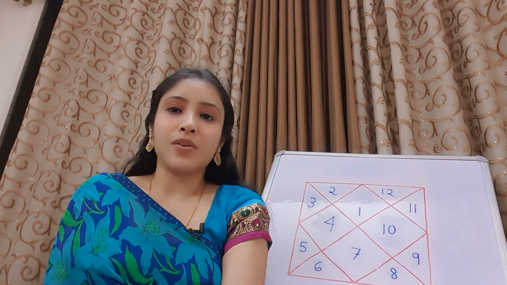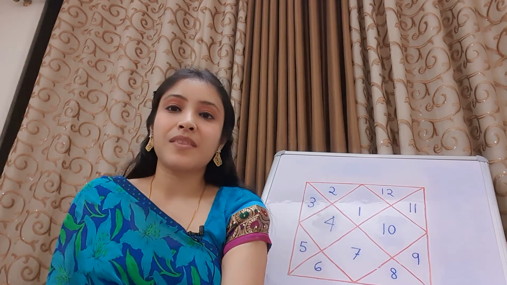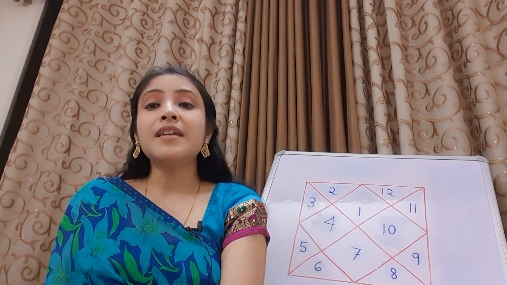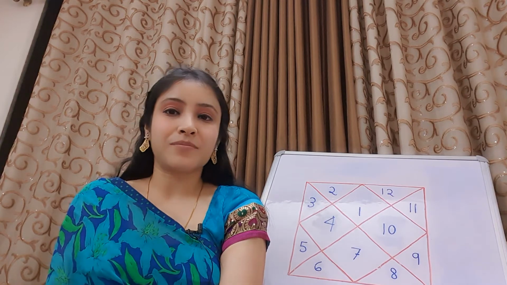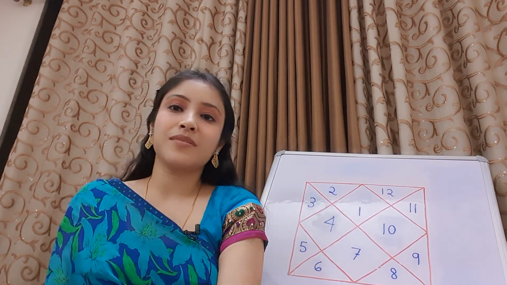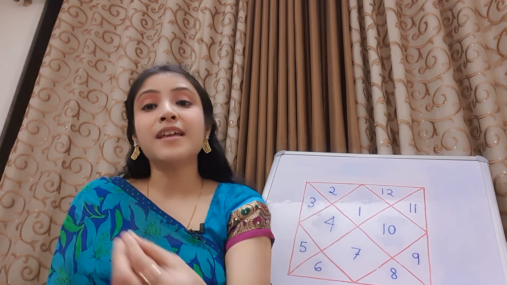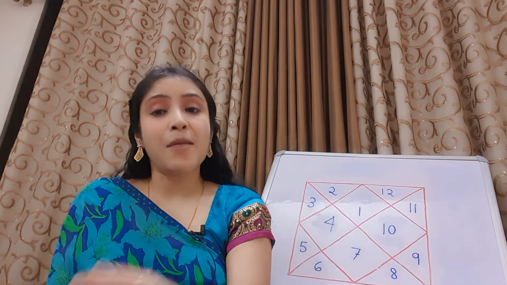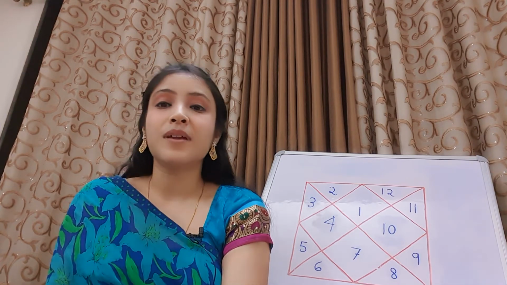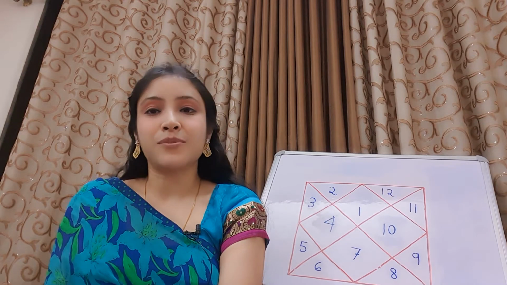Now what is the fourth house? The fourth house is considered to be the house of the mother. The fourth house is actually your mother's house. It also signifies your house. The comforts that we find at home, the happiness that we derive from home and family, that is also signified by the fourth house.